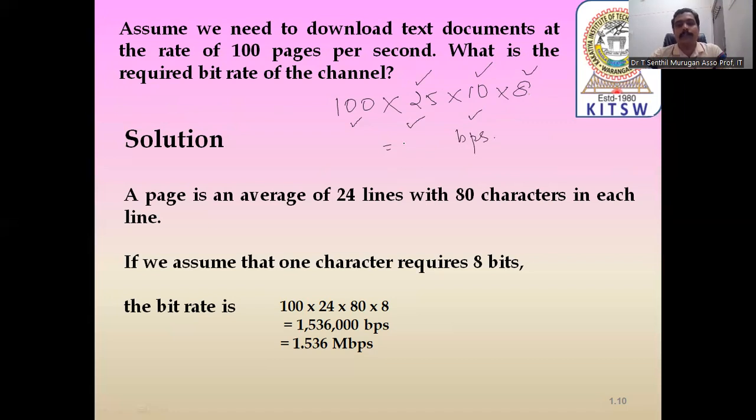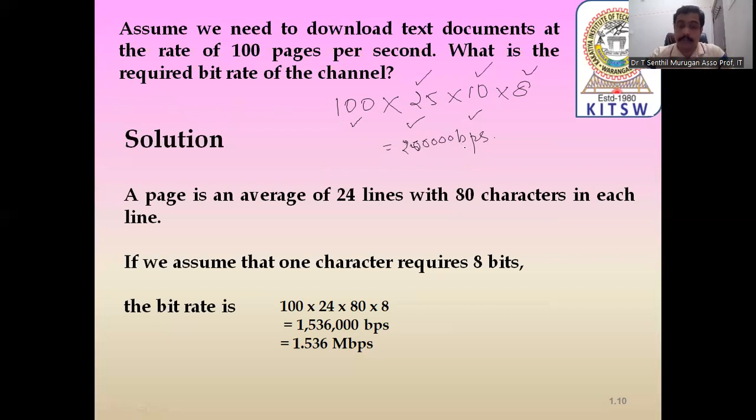What is the value we get? 100 into 25, 2500. 2500 into 10 means 25,000, into 8. So 25,000 into 8 means 2 lakhs bits per second.